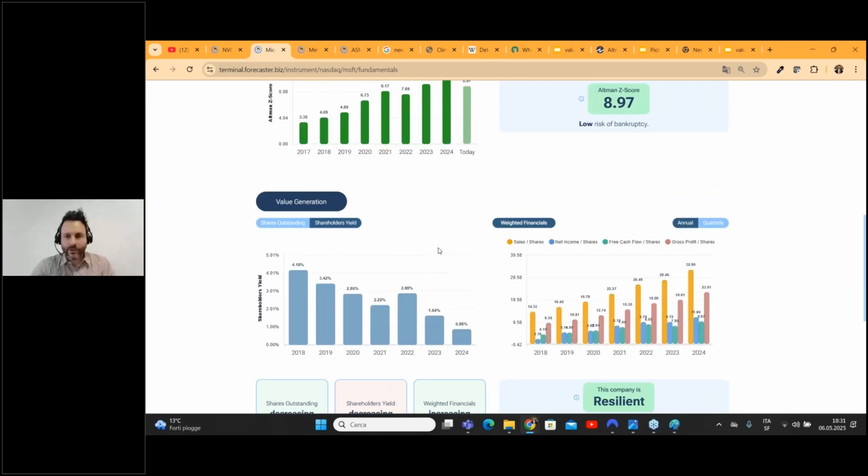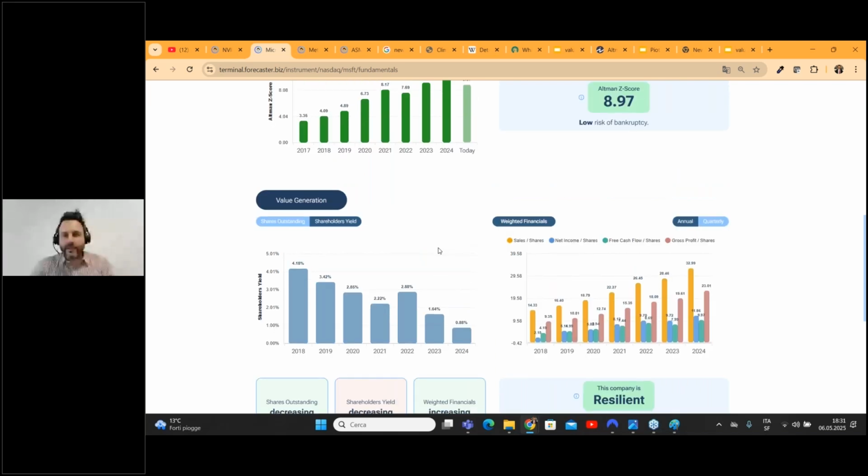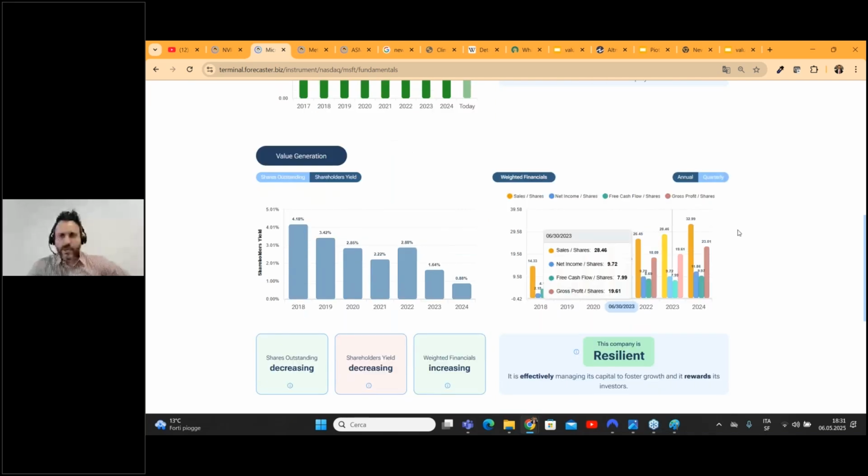Here on the right we have the weighted financials, which are very interesting numbers because you have the sales compared to the number of shares, the net income compared to the number of shares, the free cash flow compared to the number of shares, and the gross profit. In this case, all these numbers are growing.